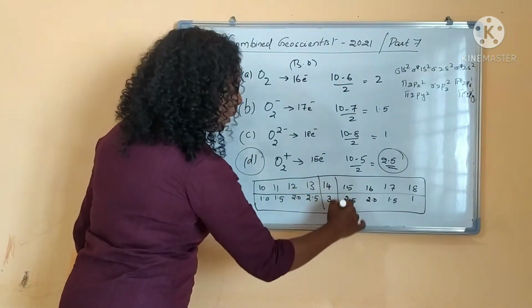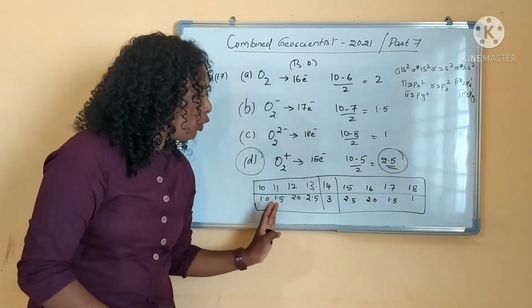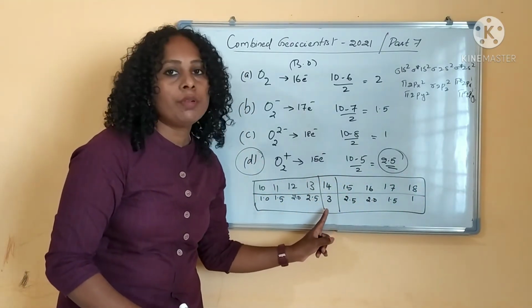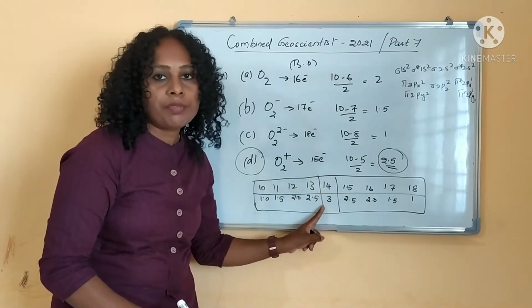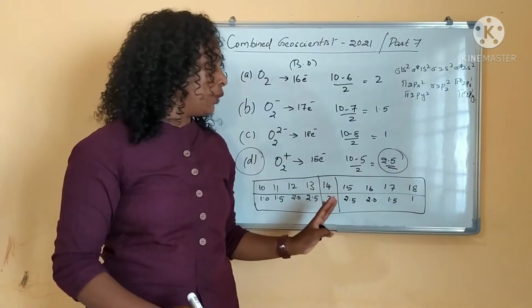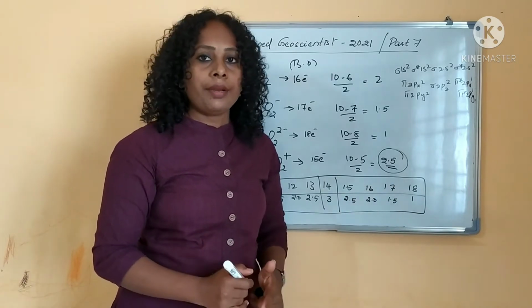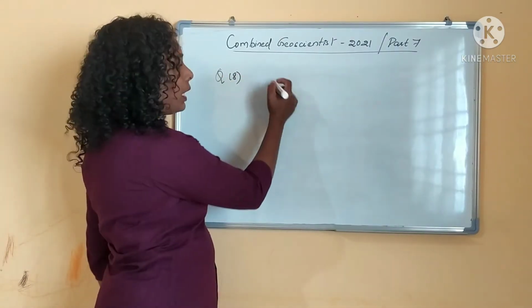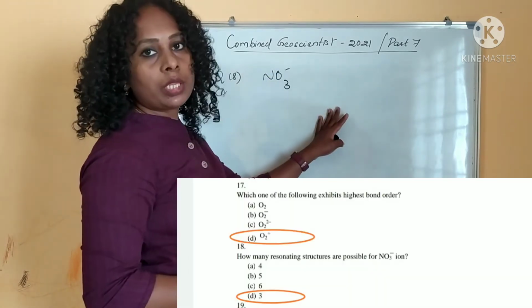This is the boundary: 14 electrons, above 14 electrons and below 14 electrons. For 14 electrons you get a bond order of 3. For a nitrogen molecule, you can see the bond order is 3. Below 14 and above 14, this is the criterion: a 0.5 difference will be there. Okay, clear?